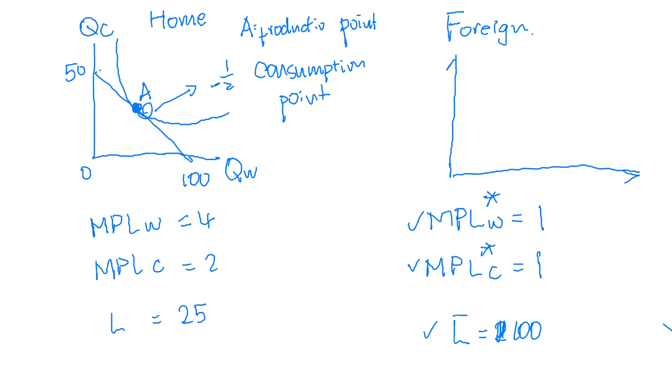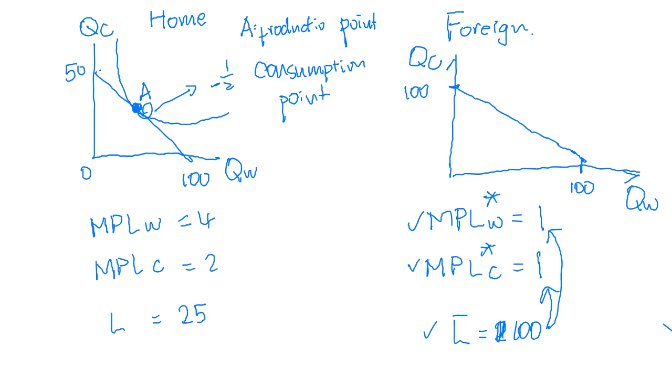This is the quantity of wheat produced and the quantity of clothes produced. If I put all the labor in the clothes industry, I could get 100 yards of clothes. If I put all the labor in the wheat industry, I can get 100 bushels of wheat.